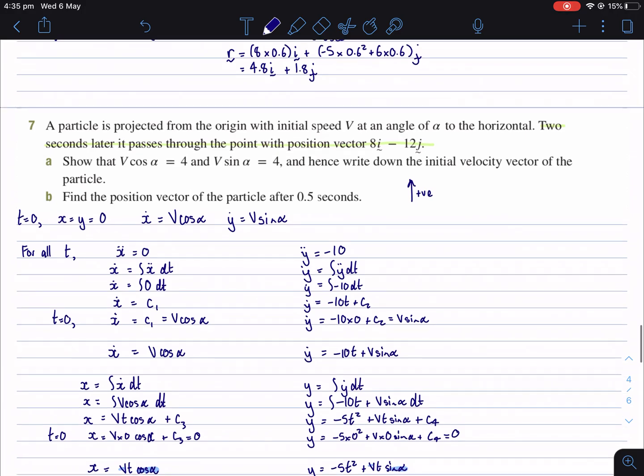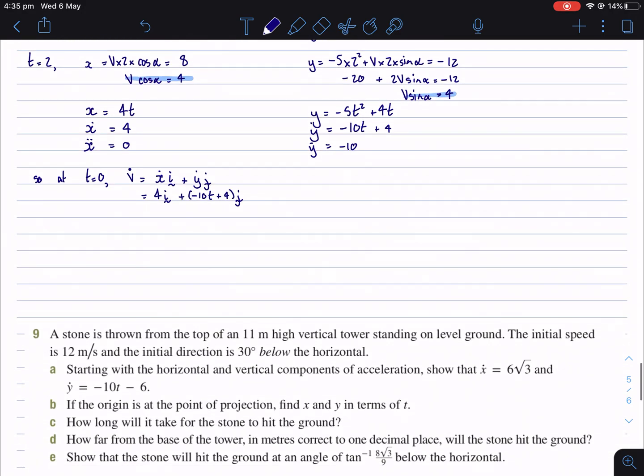Okay, and question B, find the position vector after 0.5 seconds. So x is going to be 4 times 0.5, so x equals 2. Y is going to be negative 5 times 0.5 squared plus 4 times 0.5.